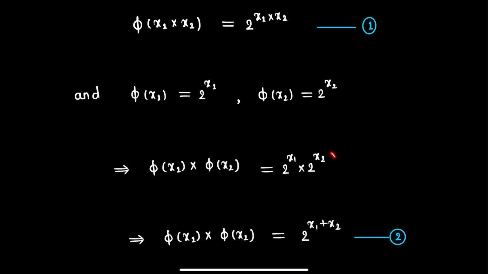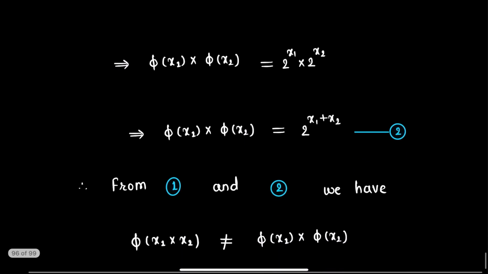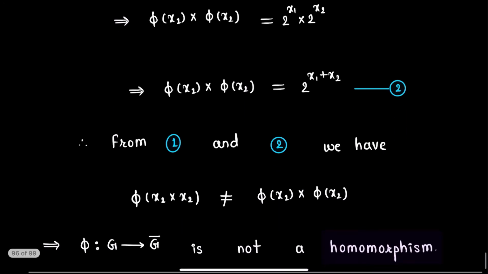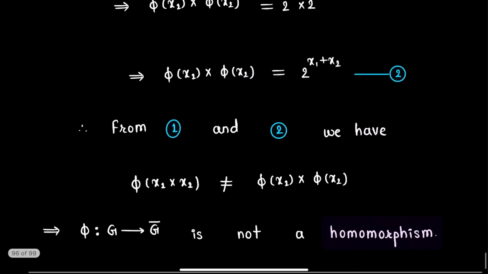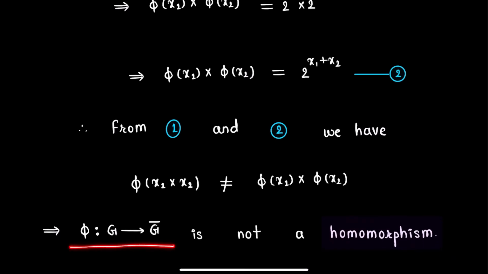This follows from the law of indices, and we will call this expression 2. Then from 1 and 2 we have phi of x1 multiplied by x2 is not equal to phi of x1 multiplied by phi of x2, and thus phi from group G to group G bar is not a homomorphism.